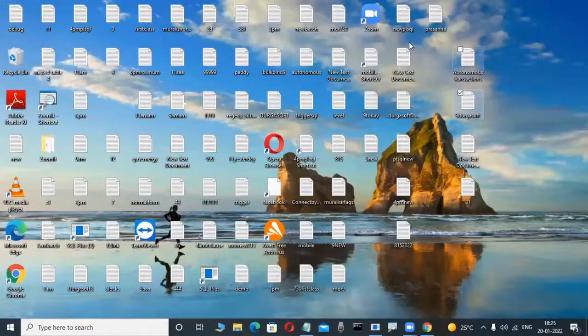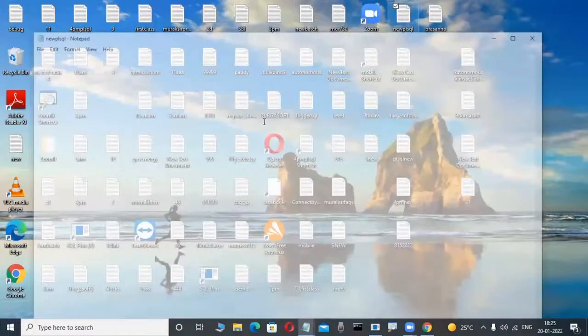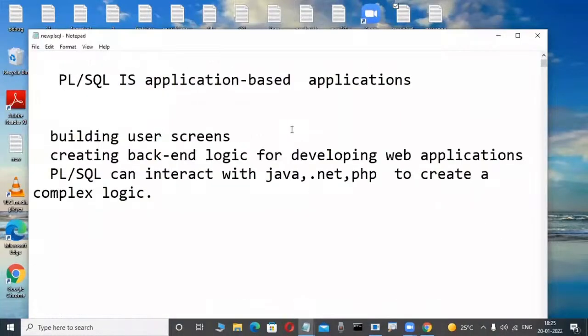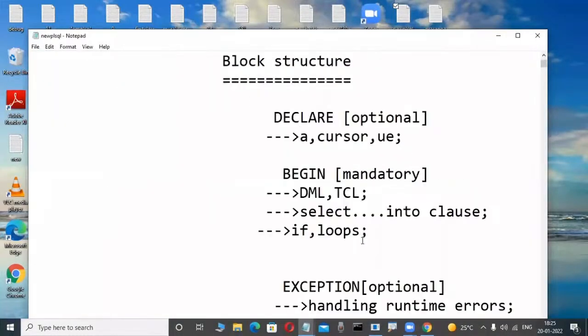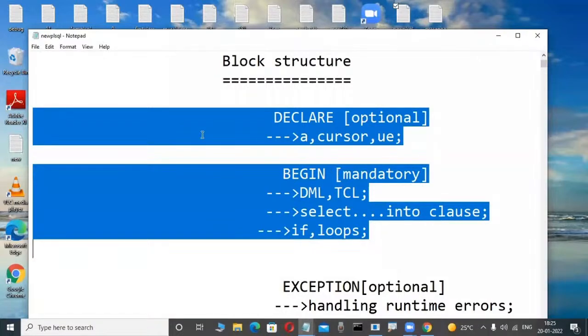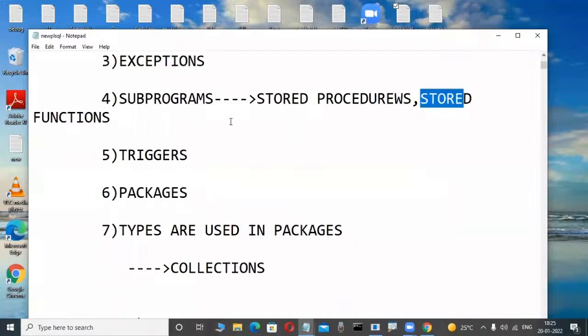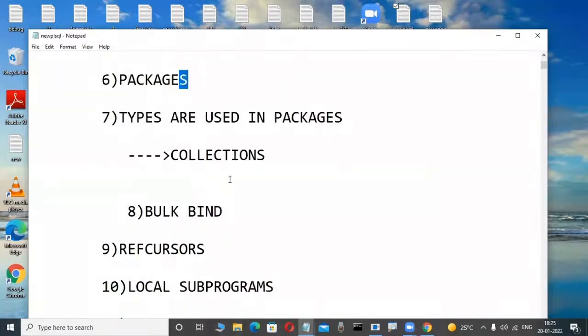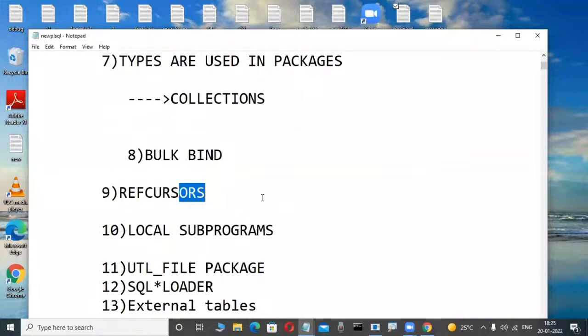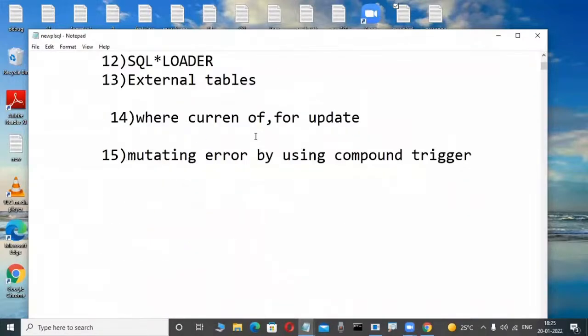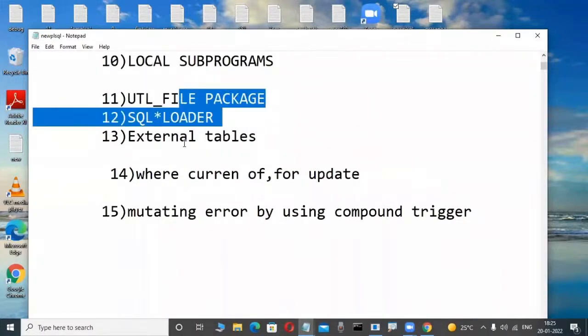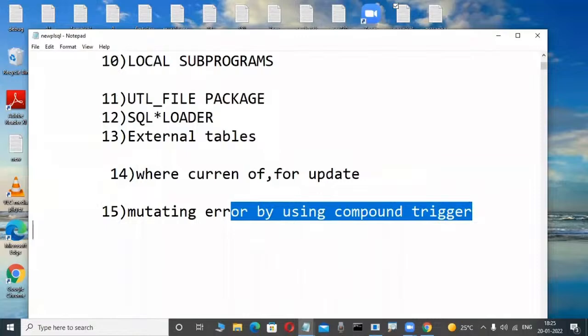Again, PL/SQL means a little bit of coding is there. Don't be afraid. This is PL/SQL, where you write some little bit of coding. In PL/SQL there are cursors, exceptions, stored procedures, stored functions, triggers, packages, types, collections, bulk bind, ref cursors, local subprograms, UTL_FILE package, SQL*Loader, external tables, so many things like this.